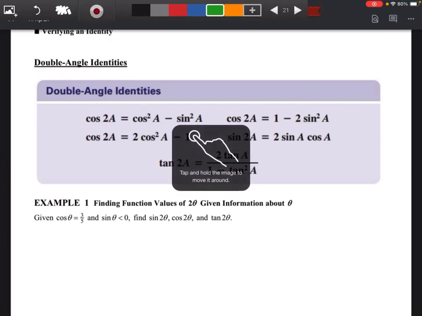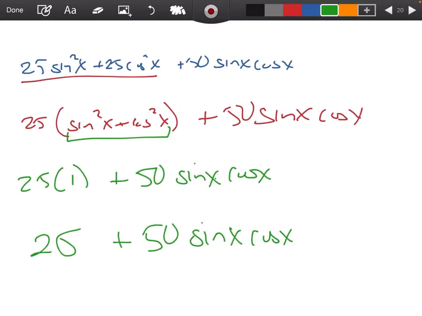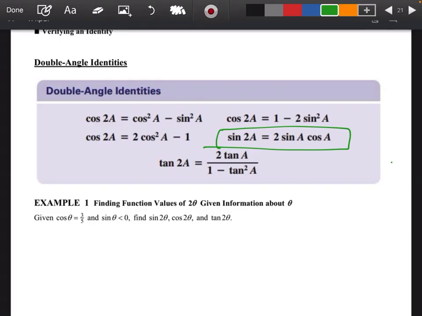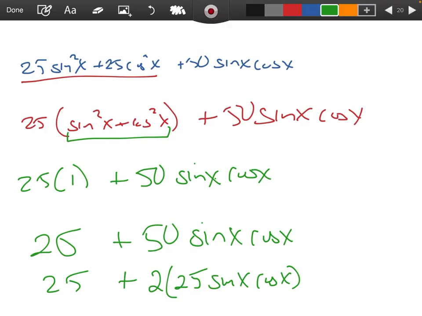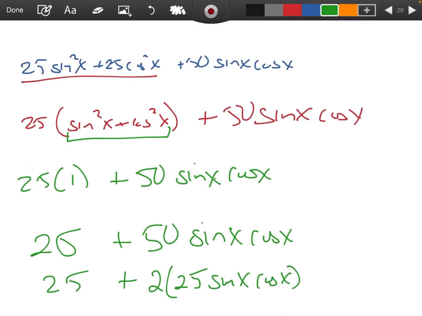Because, let's see, 2 sine of a cosine of a is a sine of 2a. So look, y'all, if I think about this, 25 plus 2 times 25 sine x cosine x, okay? And I look at this, let's see, what do we got here? 2 sine a cosine a. There we go, y'all. Look, these are my a's, right? And actually, you know what?